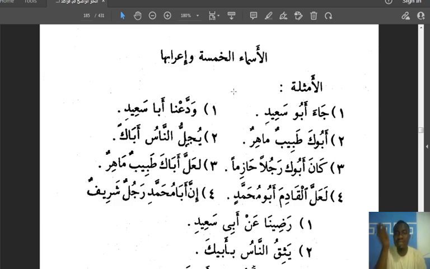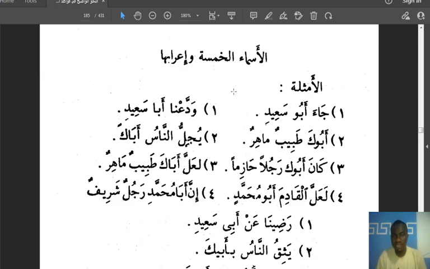I'rab by letters. Letters alif, waw, yai. We've seen something like that in the i'rab of jam'ul mudhakkar as-salim, and also in the i'rab of al-muthanna.